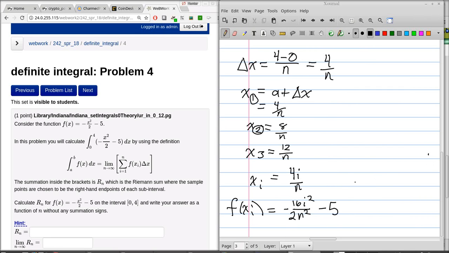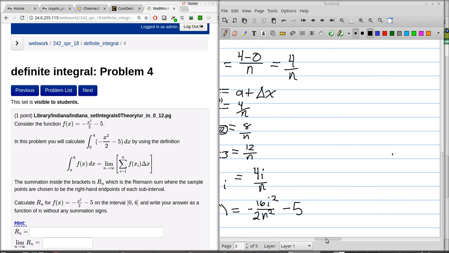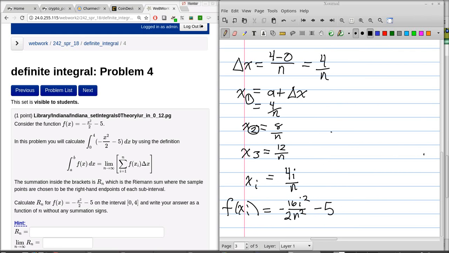Great. Now we need to figure out the sum of the xi, right? What is it we need? We need the sum of f of xi times delta x, just by the definition of the Riemann sum, and i goes from 1 to n.